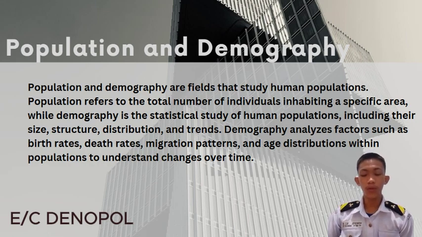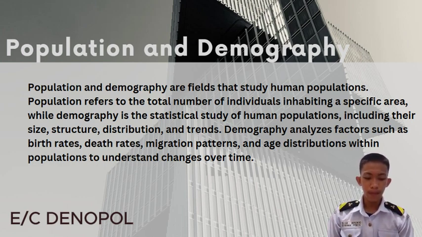Population and demography are vital aspects of understanding human society and its dynamics. First, population refers to the total number of individuals within a specific area or region, while demography is the study of human population, including its size, structure, distribution, and change over time.